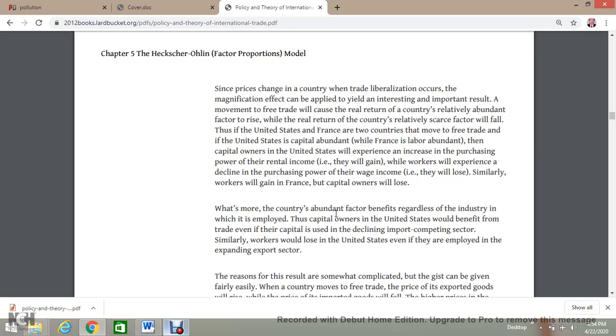So in the United States of America, the capital owners would get more benefit from the trade happening between two countries, even if the capital is used in the declining import competing sector. So what does it mean?